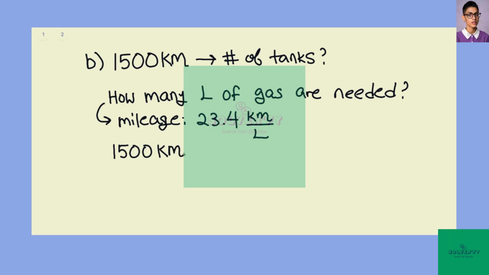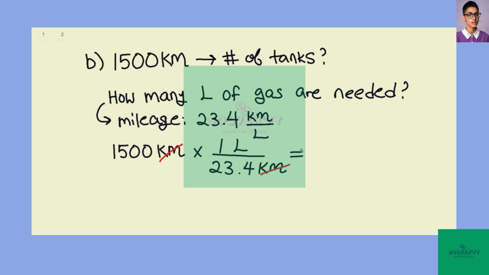So we have our 1,500 kilometers, and I will multiply this value, not by the mileage, but by the inverse of the mileage. So I will multiply for every 1 liter of gas, I will be able to travel 23.4 kilometers. So if I multiply this out, you'll see that my kilometers will divide out, and I'm left with some value in terms of liters.